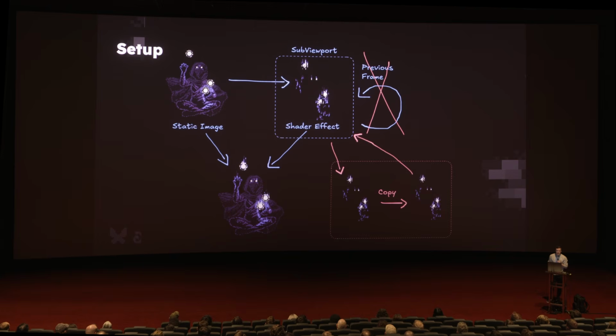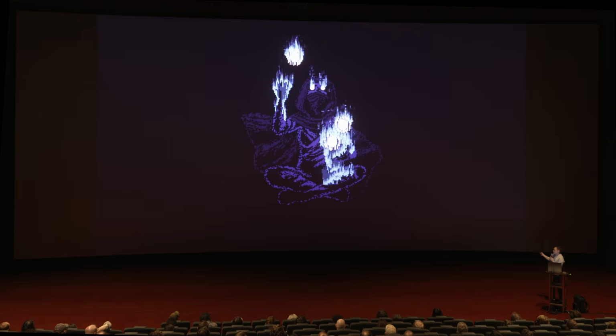And of course, you can't take just the texture of the subviewport in itself, so you copy it. Maybe some eyebrows are rising because this is not really efficient. So we use two subviewports and they use each other's texture. And we alternate between the texture in the rendering result at the end. And we get something that maybe looks like this. But I'll go more into detail on this specific shader.